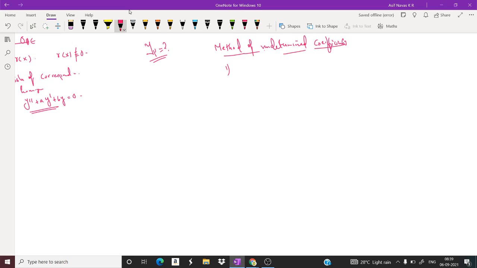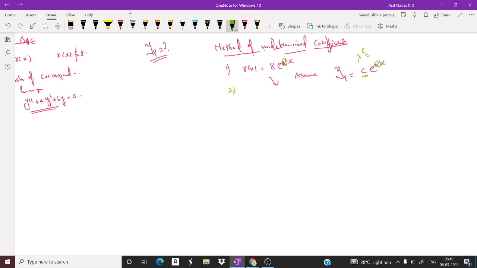First, if R of x is of the form k e raised to alpha x, then we assume yp is equal to some c e raised to alpha x. Remember, whatever alpha is in R of x, the same alpha appears in our solution. So we have to find c.